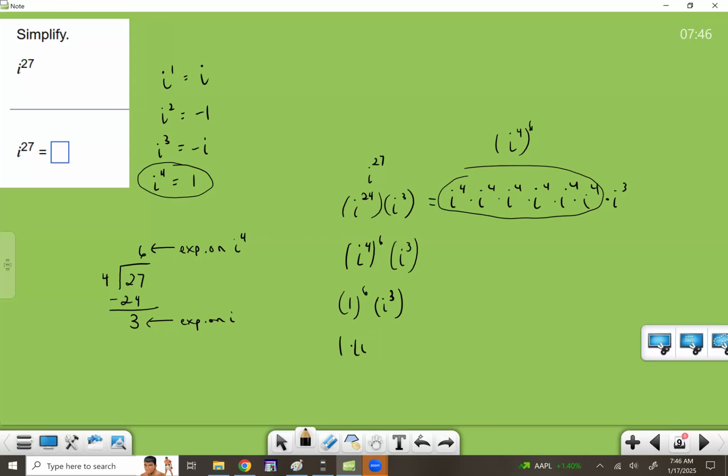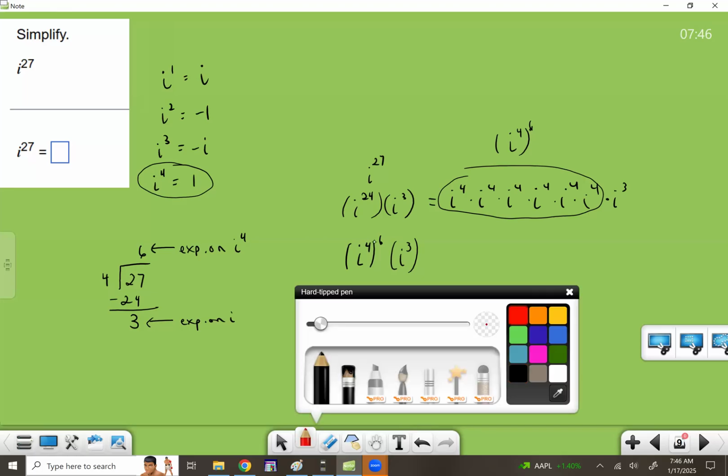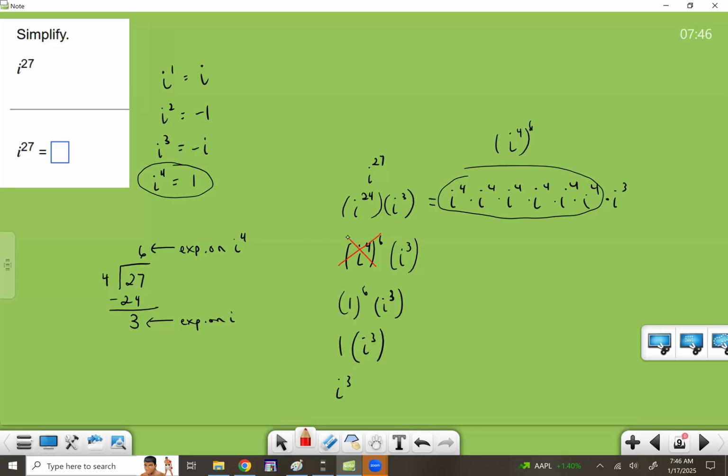Sorry, you guys, I have such terrible writing, and these boards make it way worse. Here we go. 1 times anything doesn't do anything, right? With the identity, you're just going to get the same number back. So don't go through all of this. Once you've done a few of these, understand that once you have an i to the fourth to some exponent, boom, it's gone. Look at all that work just to get i to the third.